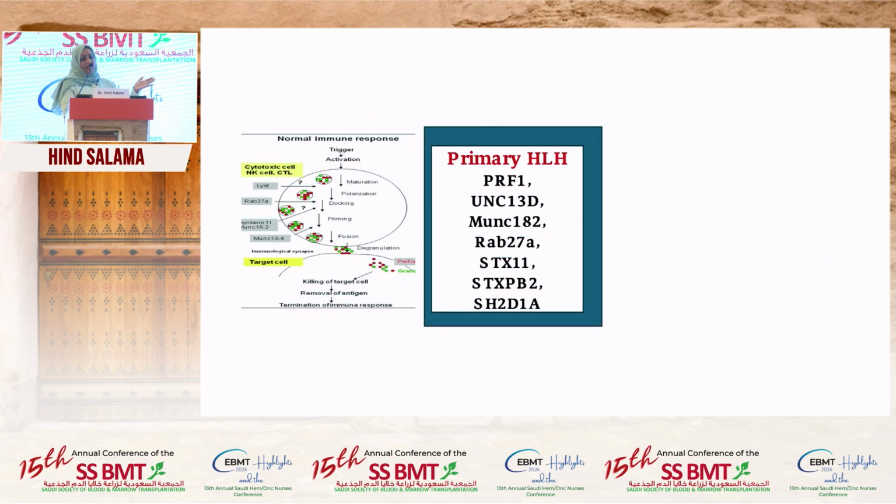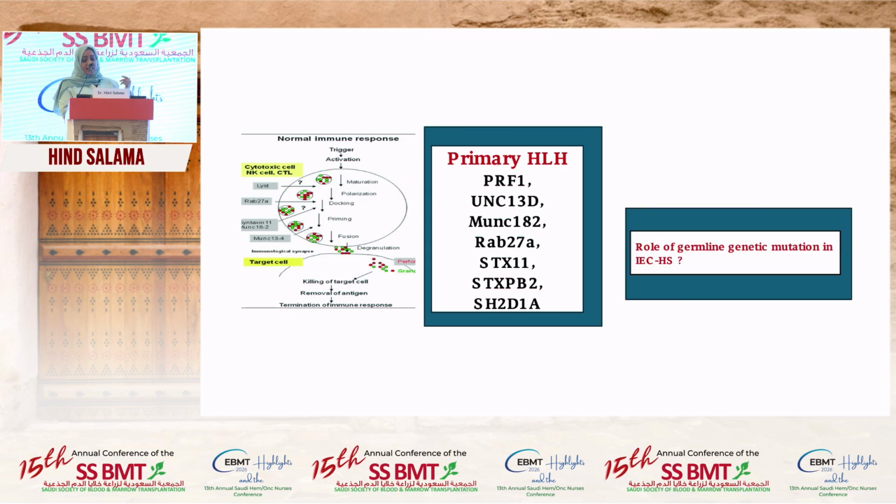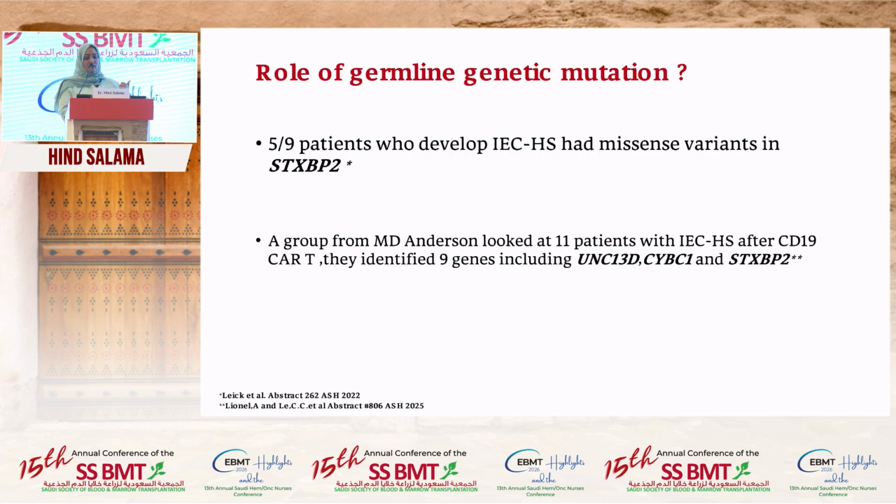We know this is primary HLH, and there are many genes encoded. So is there any role of genetic mutation in IEC-HS? There are two studies, both presented at ASH, one in ASH 2022 and one in ASH 2025.